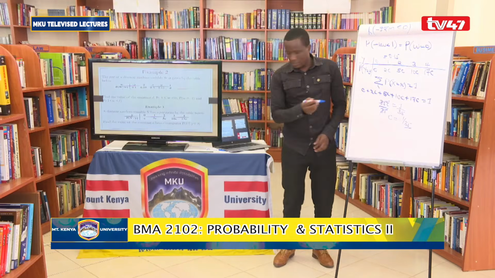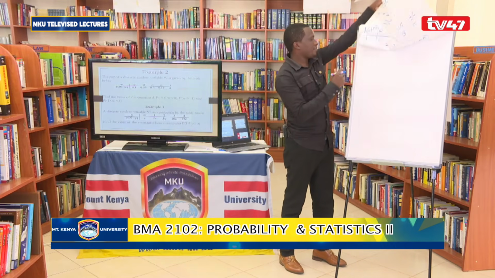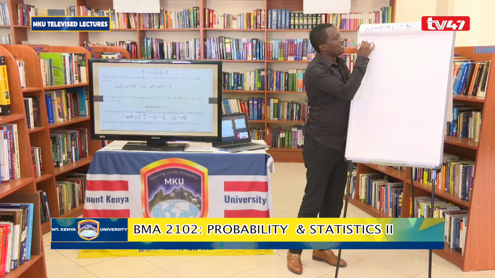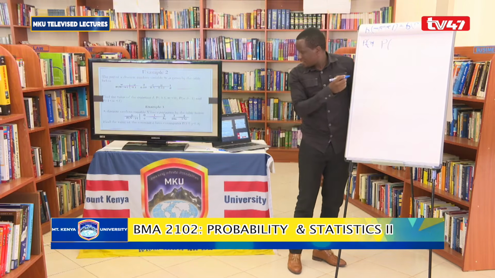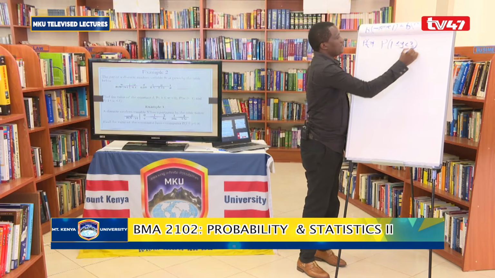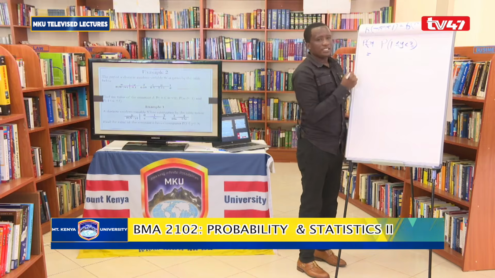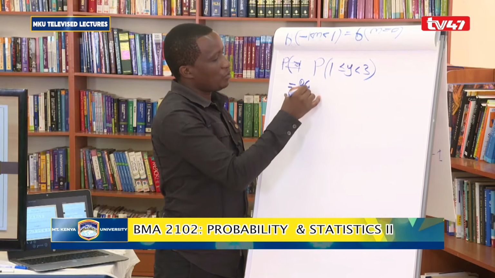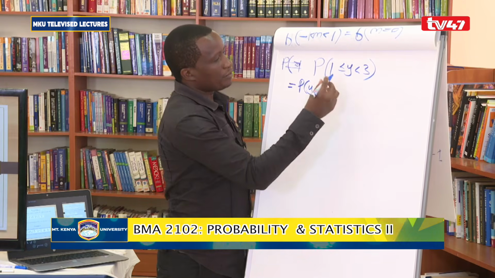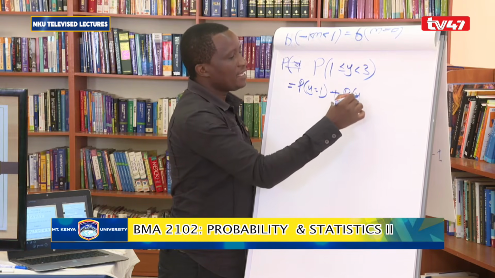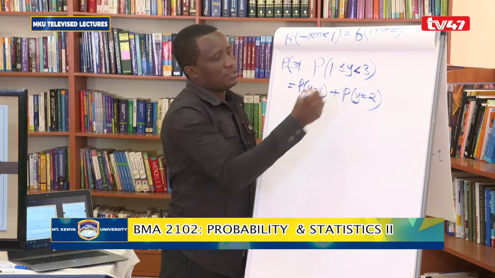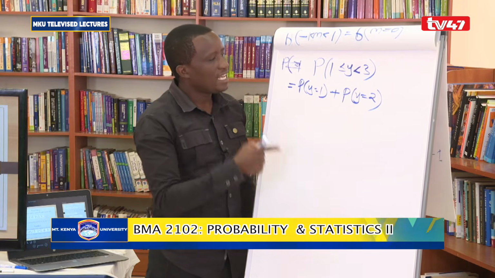So this is the same as getting the probability that Y is 1, or the probability that Y is 2. We are not going to include 3 because of this limitation. It's less than, not less than or equal to.